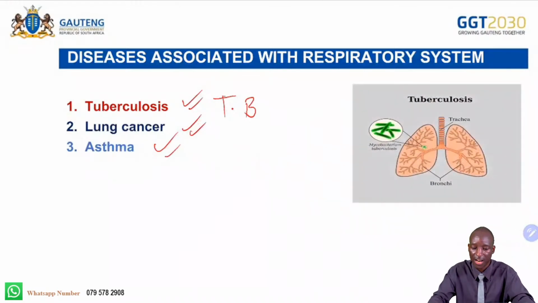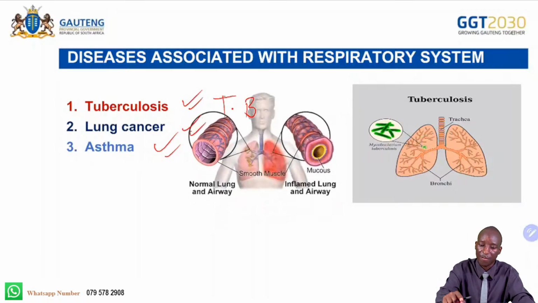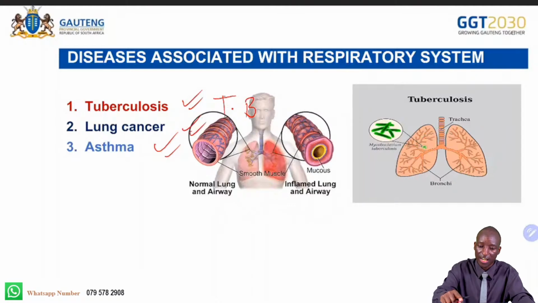In the case of tuberculosis, the bacteria called mycobacteria infect our lungs. Then we have difficulty in breathing, we start coughing, and our lungs get damaged. We also have lung cancer.